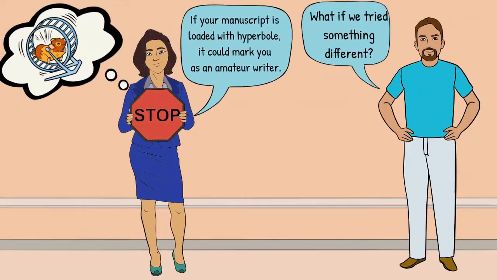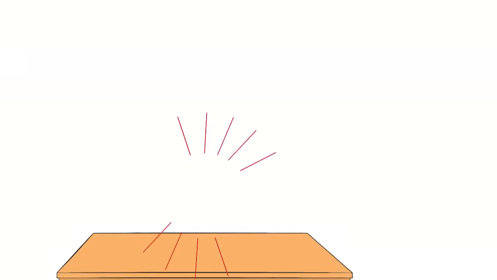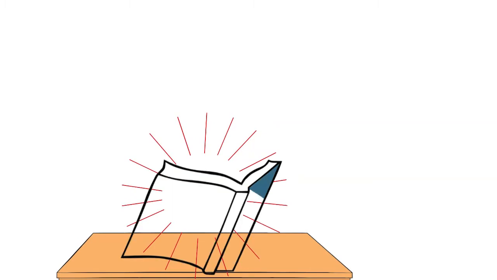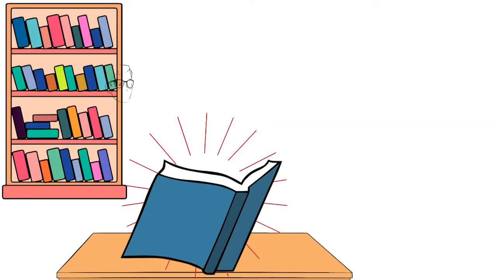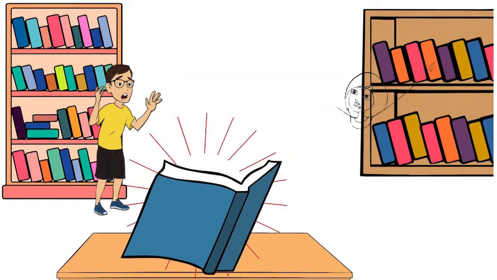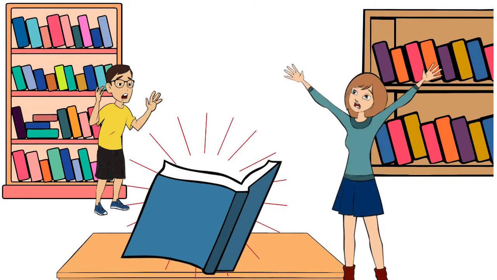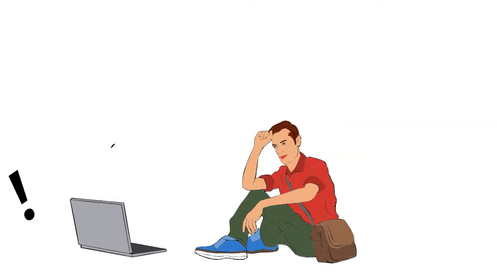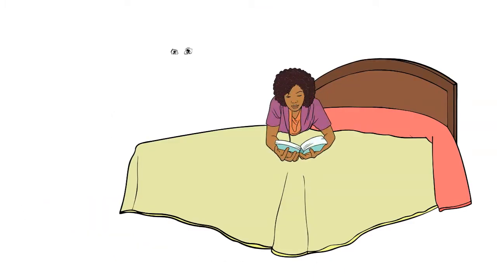What if we tried something different? You could be over-exaggerating your scenes inside your chapters, creating situations much more serious than they are. You don't want to leave your readers with the feeling of "enough already." It could make you appear to be a melodramatic writer. This doesn't work in the young market.